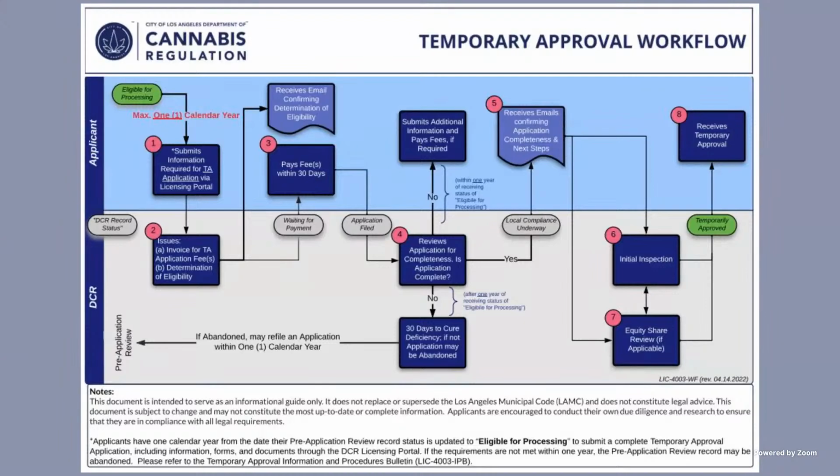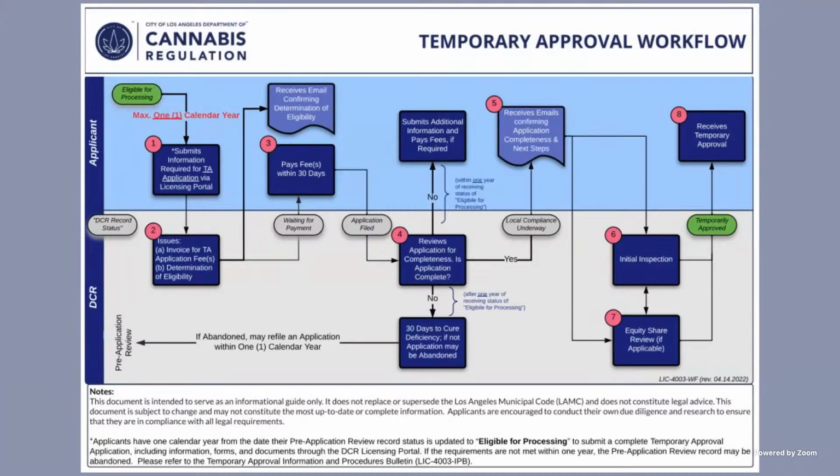Once the application has been deemed filed, we begin reviewing the application. Once the application is complete, so all of the necessary document forms are filed, and the equity share review, if applicable, has been completed, we issue a local compliance underway notice, as well as a notice of environmental review to let the state know that we've begun our environmental review of the project.